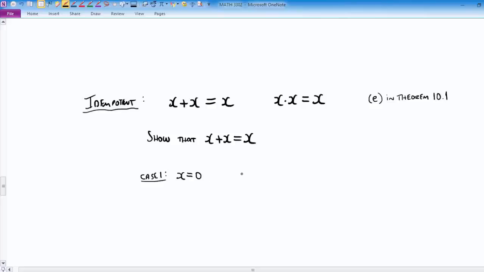If x is 0, then we would have 0 plus 0 equals 0. And that is true. So this is okay. In case number 2, suppose x is 1, then we will have 1 or 1 equals 1. And that's true. So that proves that x or x is x.